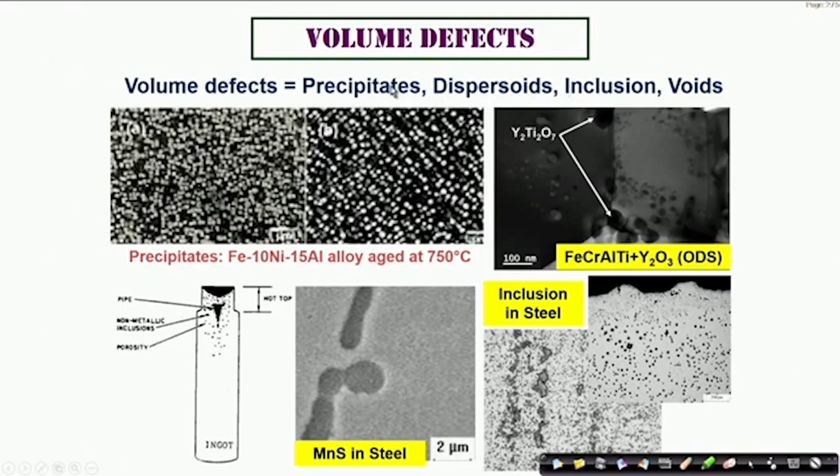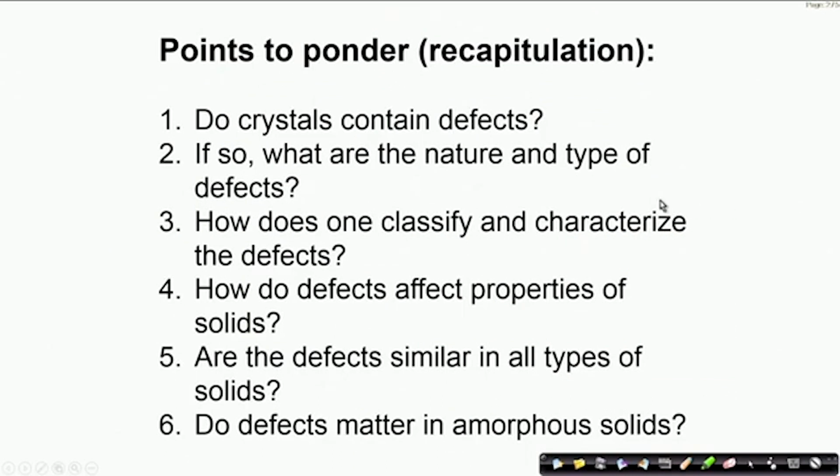And these kinds of three-dimensional entities can vastly affect the mechanical properties of a material. So in some cases they are undesirable, in some other cases they are desirable, but the fact remains that dimension-wise they are different. So we would now like to wind up and summarize what we discussed.